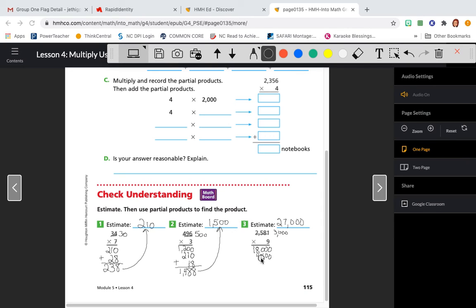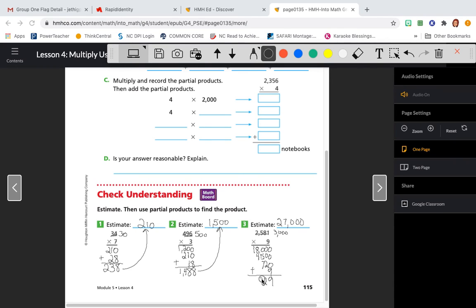So 4,500. Then we're going to say 8 times 9 is 72. And then 1 times 9 is 9. So we're going to add all 4 partial products together. And you have 9, 2, 5 plus 7. Now what's 5 plus 7? We're looking at 12.